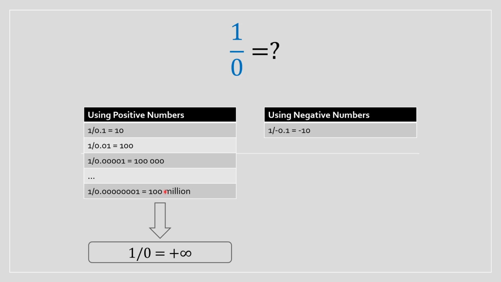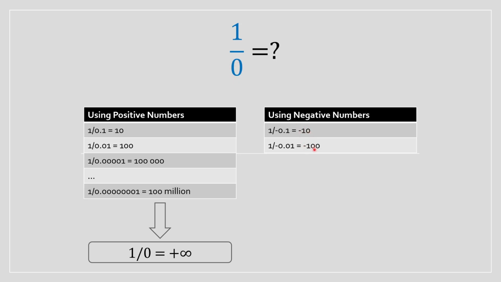Now, if we do the same thing, but we approach it from the negative side, negative 0.1, right? So we go negative 0.01. You see how we're decreasing the denominator, making it smaller and smaller, and it's approaching that 0 that we want, right?